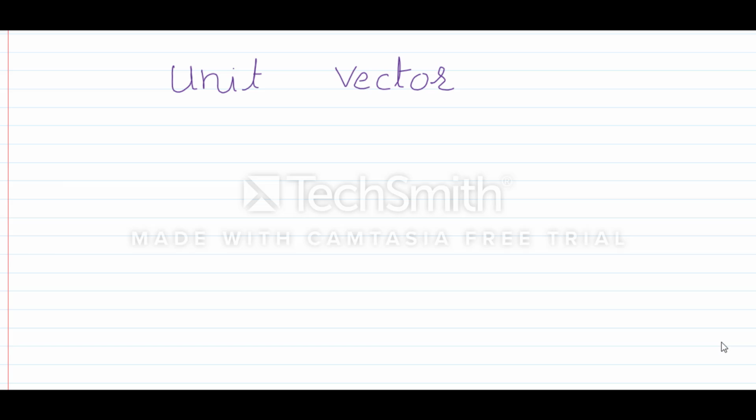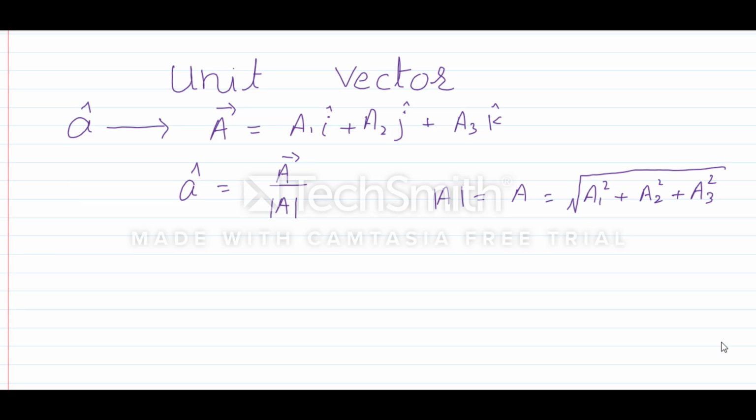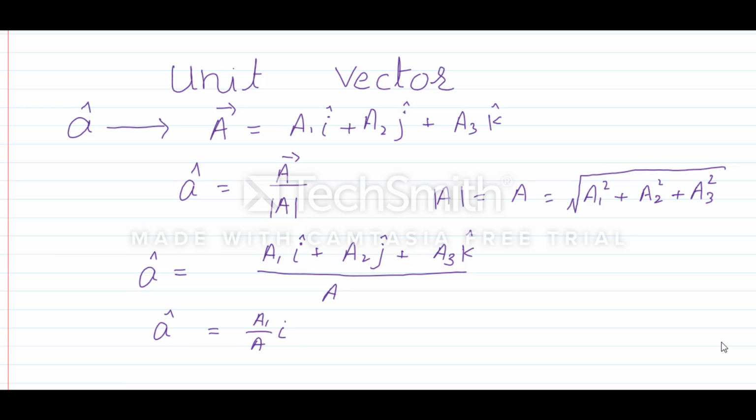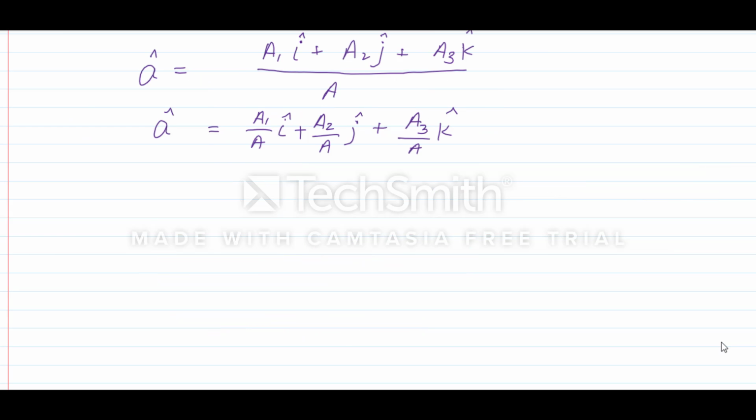Next, I will teach you definition of unit vector. A unit vector in the direction of vector A can be obtained by this formula, as we know that. So, we can write this equation in this form: A unit vector is equal to a1 over A i unit vector plus a2 over A j unit vector plus a3 over A k unit vector.